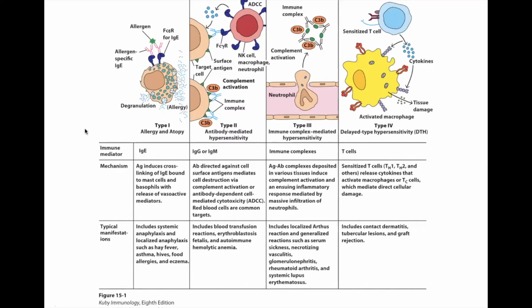So for allergy response, it's the IgEs that are the antibodies responsible for that. What happens is that they're going to bind to basophils. And so when they bind to the basophils and their allergen, that actually causes the basophil to degranulate. You might remember that basophils have histamine in them.